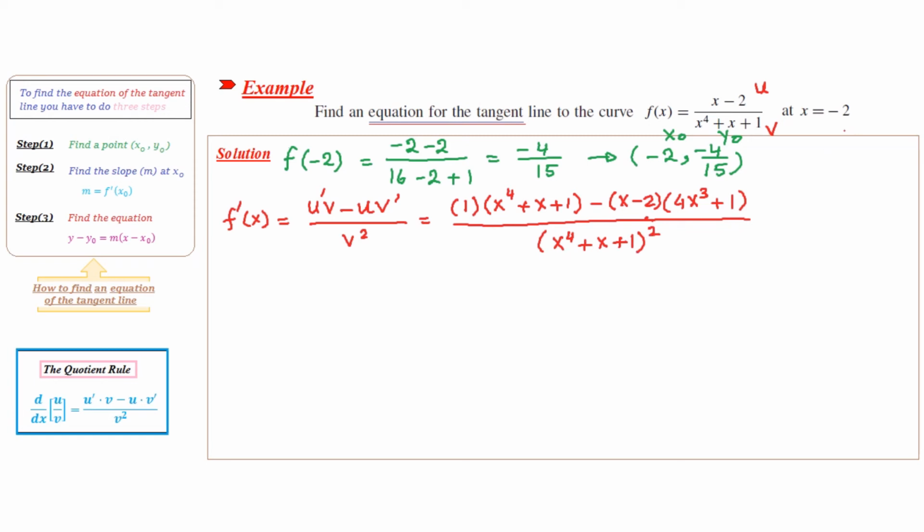Now you have to replace x equals -2 in the derivative function. This is m, the slope.